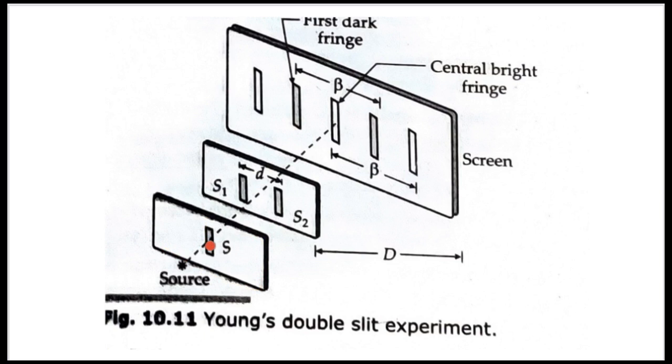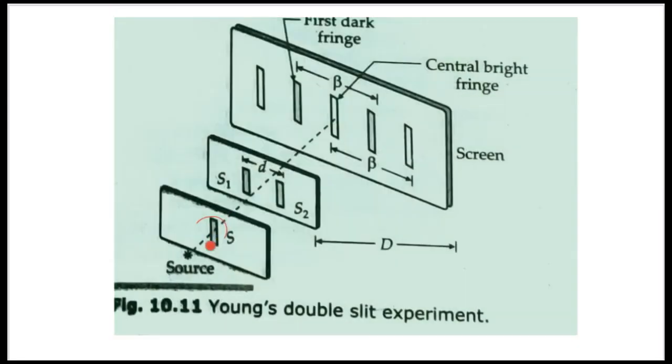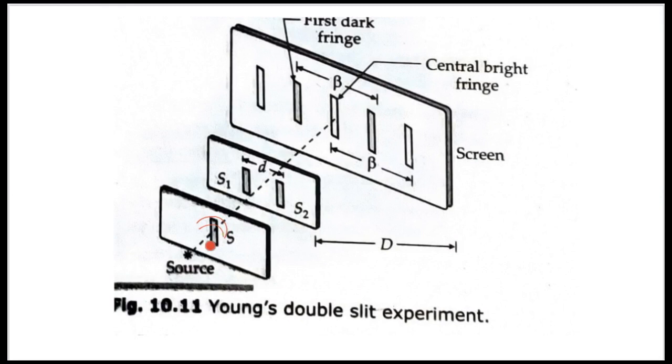If you put the slits at this point, what do you expect? Light waves will be produced. This light wave will look cylindrical in shape. If you can imagine it, this is how it will look. This is the half section of the cylinder.